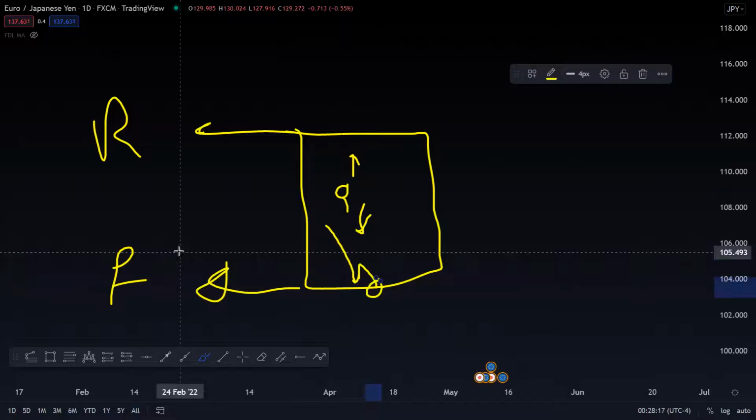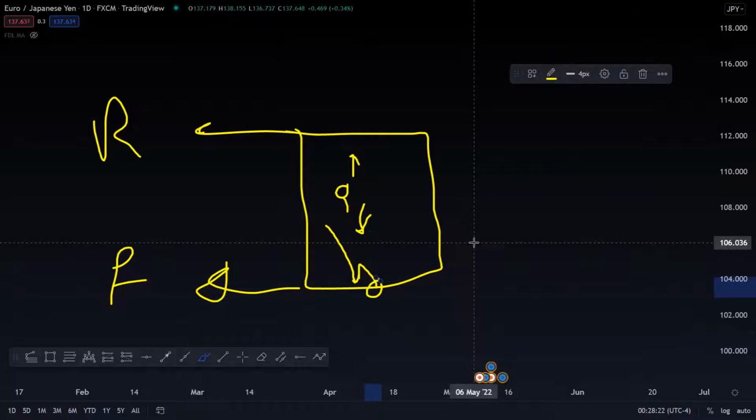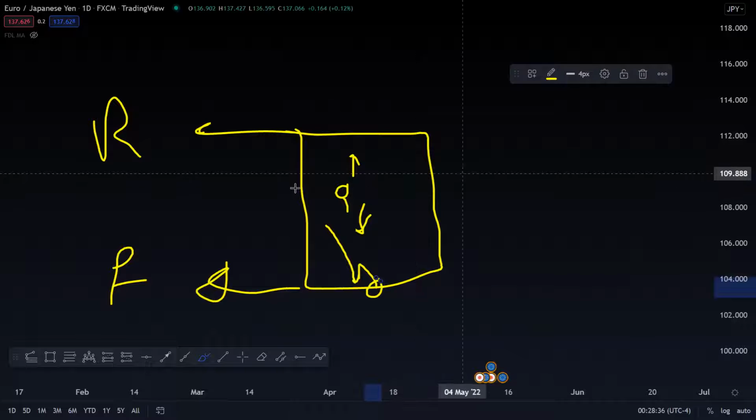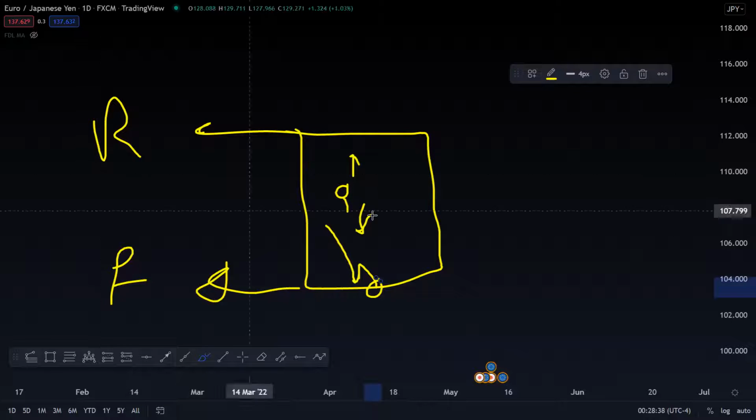That's exactly support as well. When the price approaches these support zones, it will stop the price from falling further. Remember this building, and at the end of the video I'm going to give you a very important note. If you don't know this, it's better to write it down. So that's it for now.